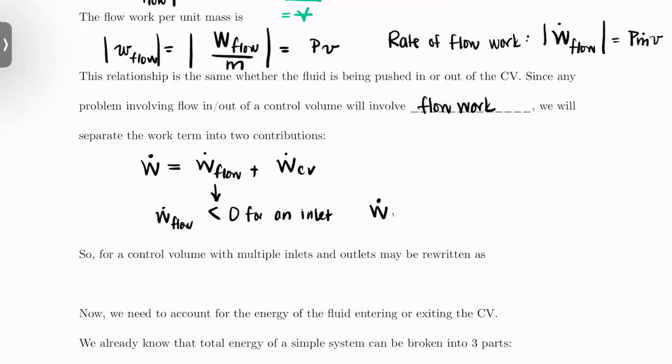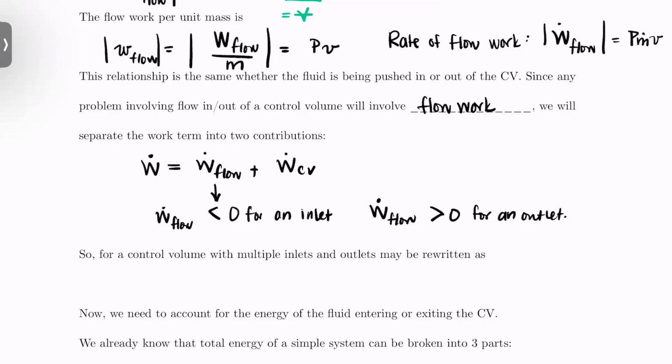And if W dot for the flow work is greater than 0, that means it's an outlet. So work going in is negative and work coming out is positive, same as how we thought of work before.